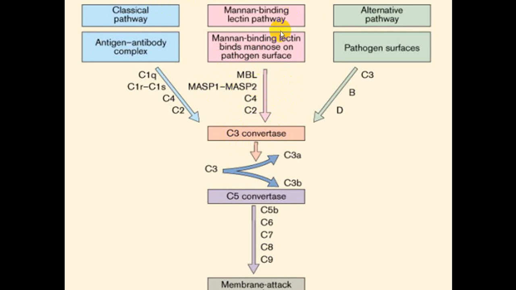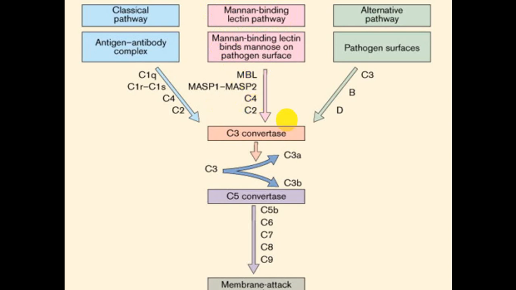Generally إن المنن باندنج لستين هو عبارة عن بلازما بروتين. هذا بالذات يرتبط من اسمه mannan binding lectin will bind to sugar residues such as mannose found in microbial surface polysaccharides like lipopolysaccharides. يعني وجود بعض الشوجرز like المannose بالتركيب الليبوبوليساكرايد للبكتيريال سيلز هو اللي راح يسوي activation or trigger this pathway of complement system.